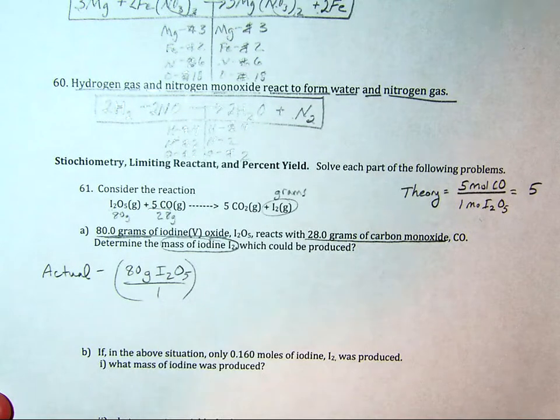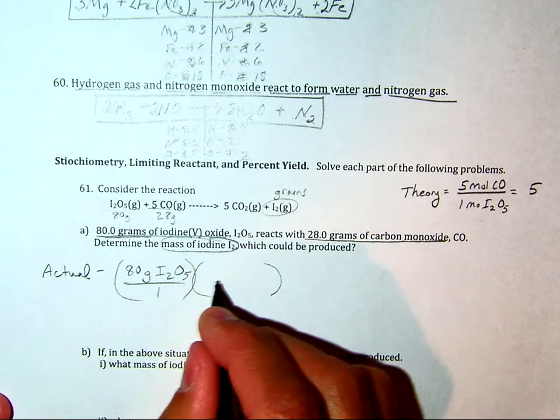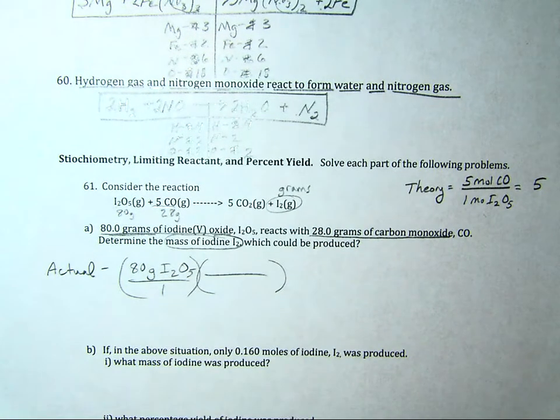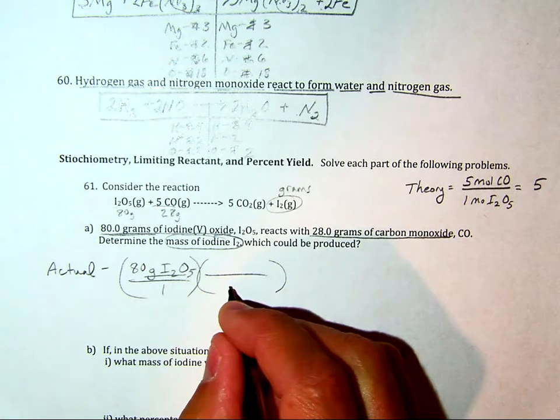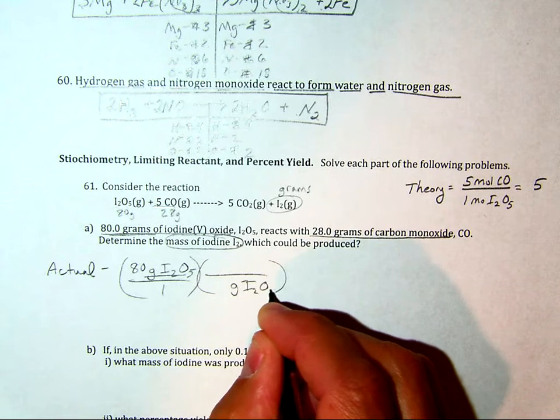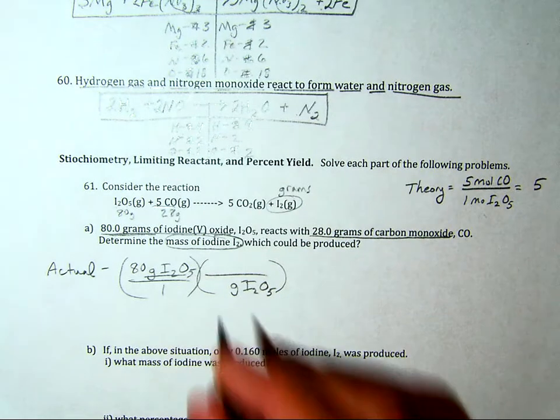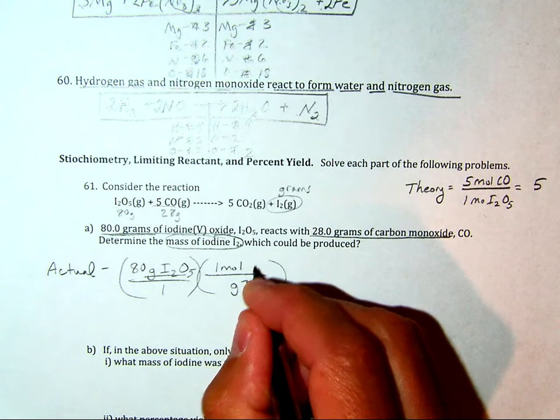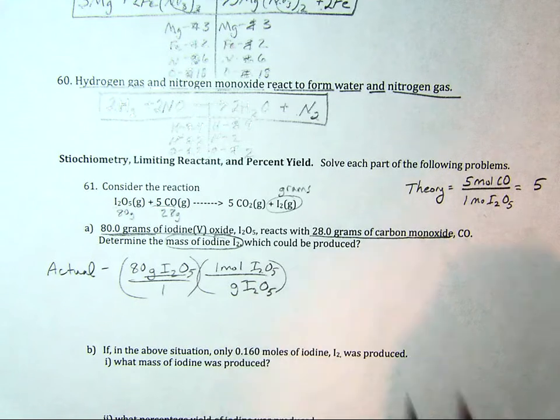Okay, let's switch this to moles. If you've got your roadmap, I would use it. So we're going from grams of a reactant to moles of a reactant. If grams of I2O5 is on top, I'm going to put it on the bottom. 1 mole of the substance, I2O5, goes on top.